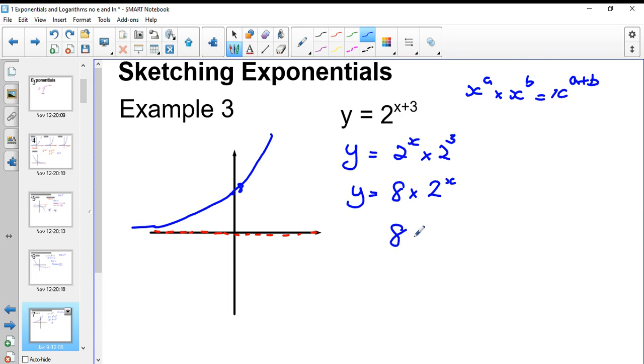So this is now of the form 8 f of x. And if you think about this now, if the normal graph goes through 1, and this is stretching it in the y direction 8 times, the asymptote is going to be unaffected as it is there. The y coordinate will be 8 times bigger as it is there. So you can consider it in 2 different ways. The result is the same.